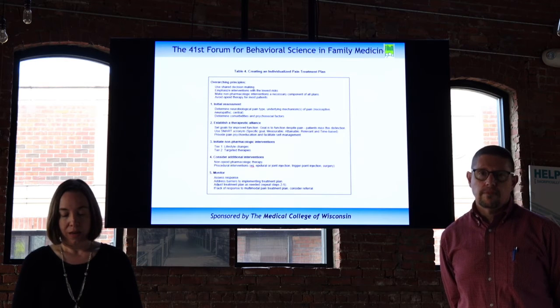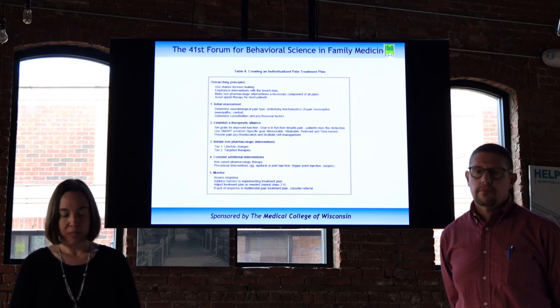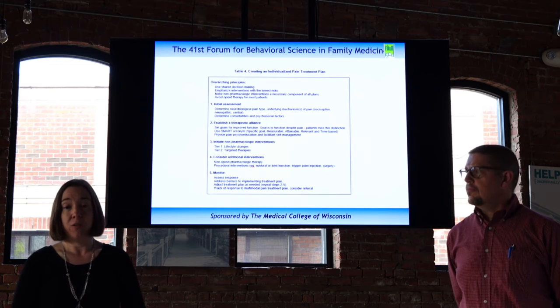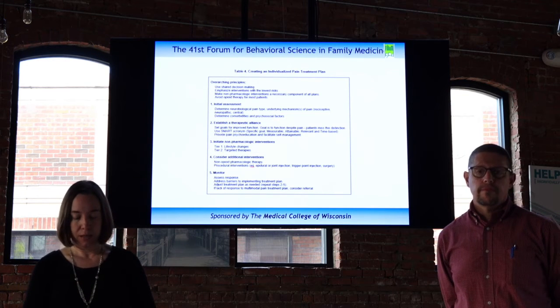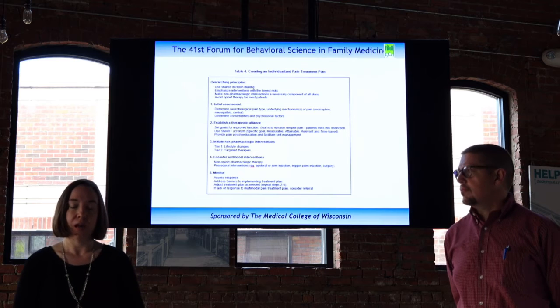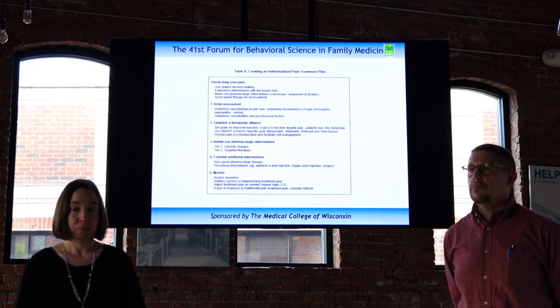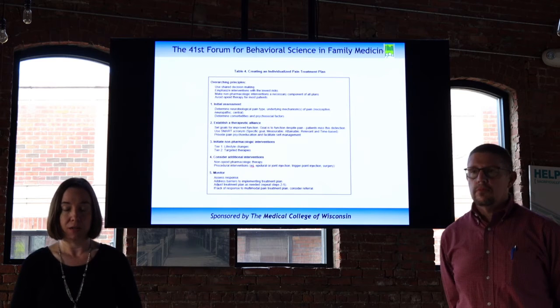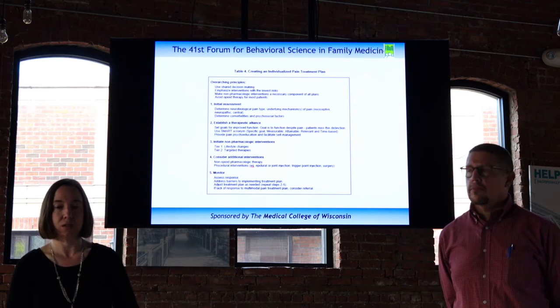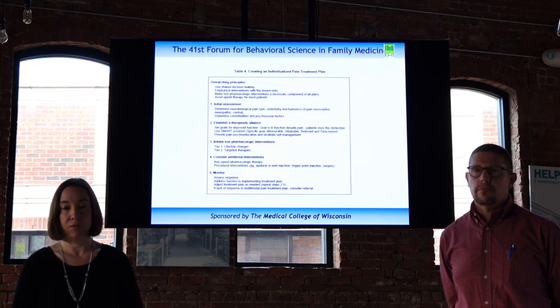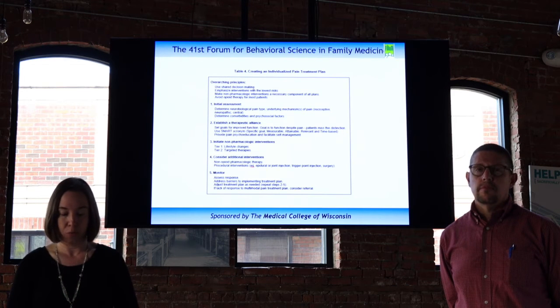As step 4 in this individualized plan, we go to pharmacologic therapy, first starting with non-opioid pharmacologics, and then other procedural interventions that might be a consideration for the patient, having them see a specialist in anesthesia or physical medicine and rehab, thinking about things like injections or even surgical procedures if that's appropriate.